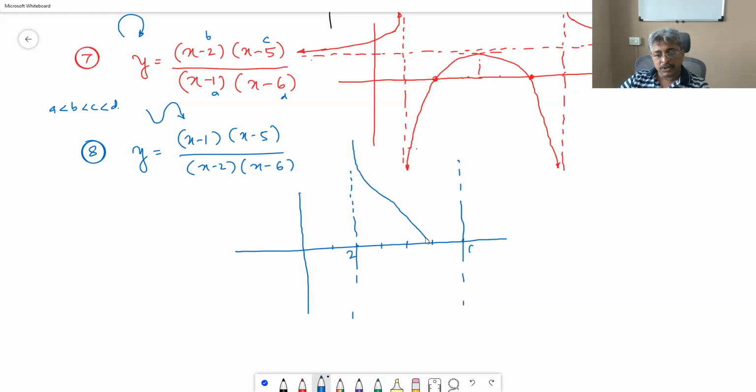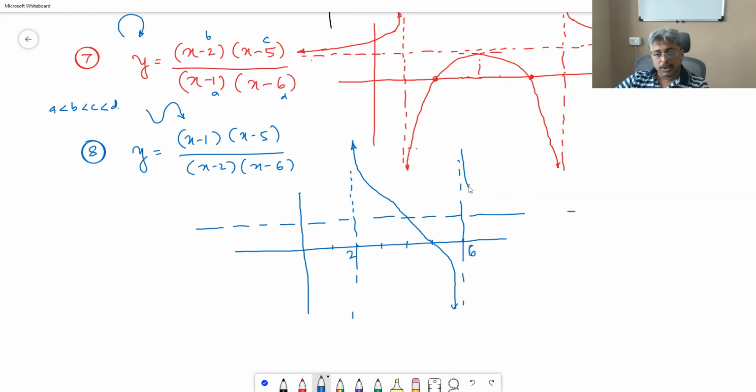It passes through this and goes like this. That is the middle part, smooth. Then what is the asymptote? 1, right?